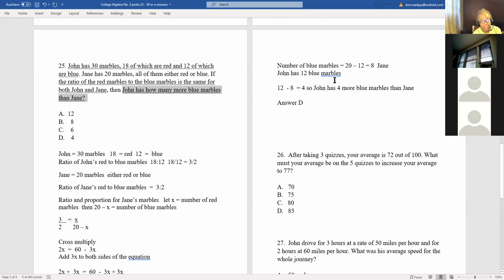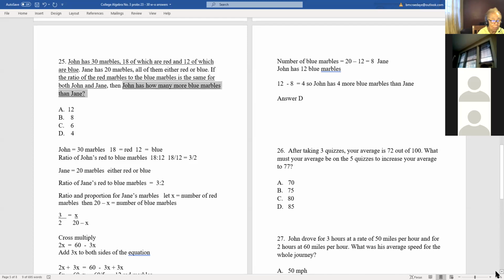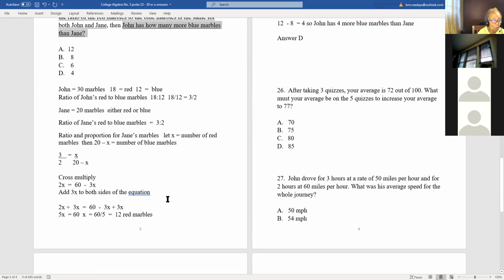Now notice they gave you the 20 marbles for Jane, but they didn't tell you which ones were red or blue. So your proportion had to have the 20, but you had to put an unknown there because you don't know how many red and blue marbles Jane has. So we had to put a variable for the number of red marbles.